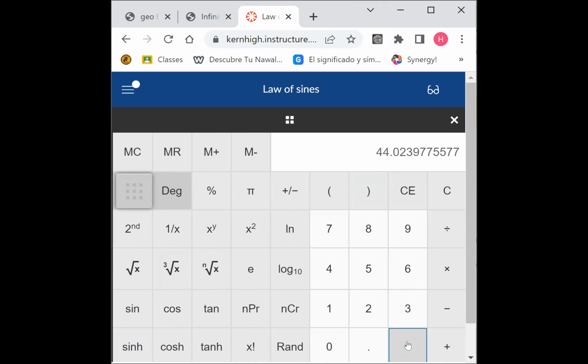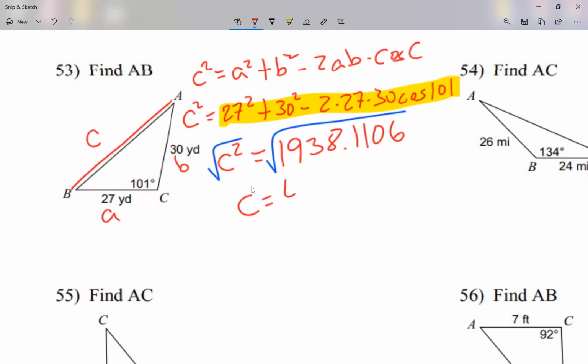I know my instruction says round it to the nearest tenth. So 1 decimal place, so 44.0, right? That second 2 is too small, so it does nothing to my 0. So 44.0. If you just write 44, the 0.0 is optional. Point anything else is not.